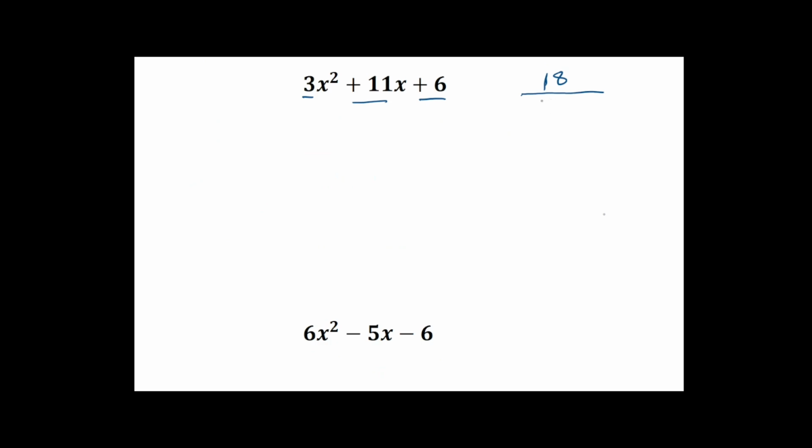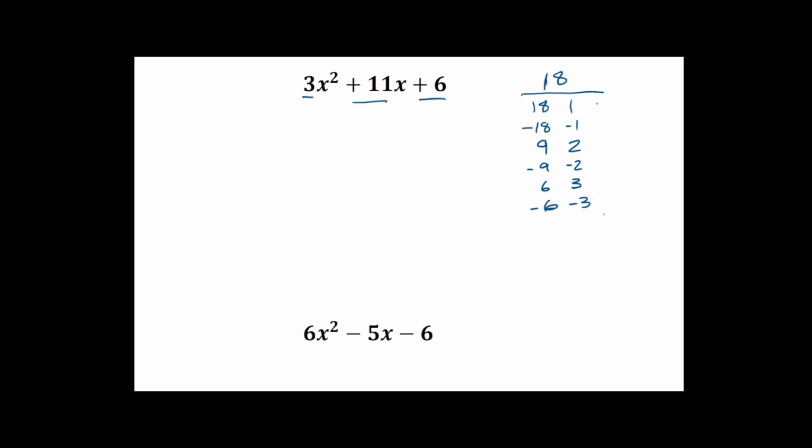Well, there's 18 and 1, there's minus 18 and minus 1. There is 9 and 2, and I think we have a winner. Minus 9 and minus 2. Are there any others? Well, there's 6 and 3, and negative 6 and negative 3.